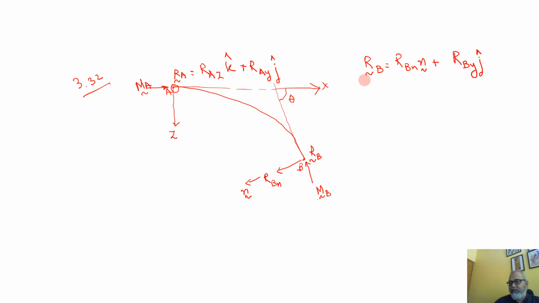So it will have this form. I think I had written RBZ k cap here. I did not notice the fact that here it has to be normal to the beam, and so it should be along the normal.